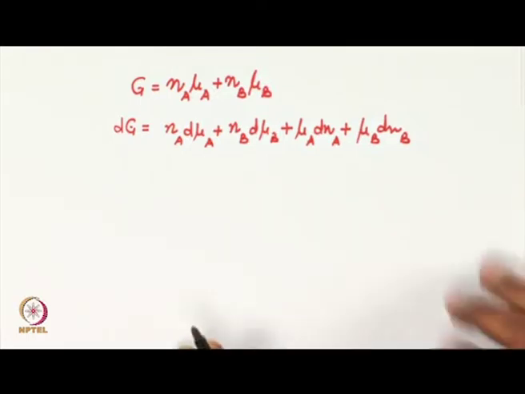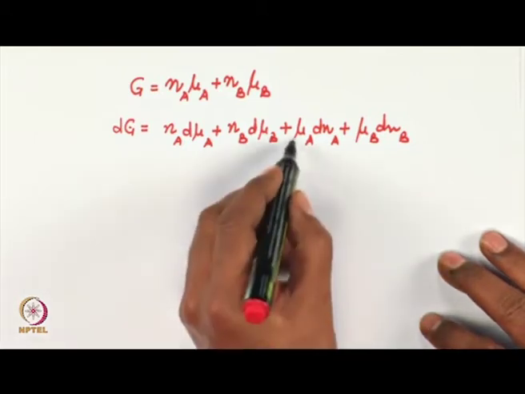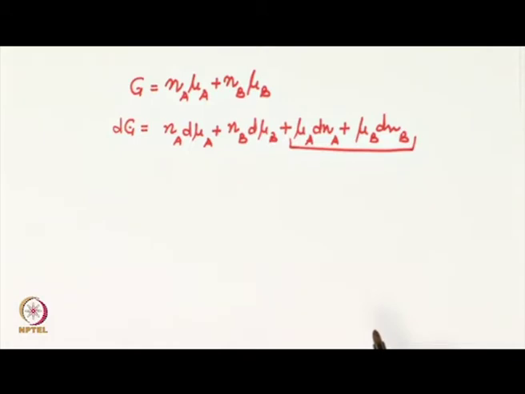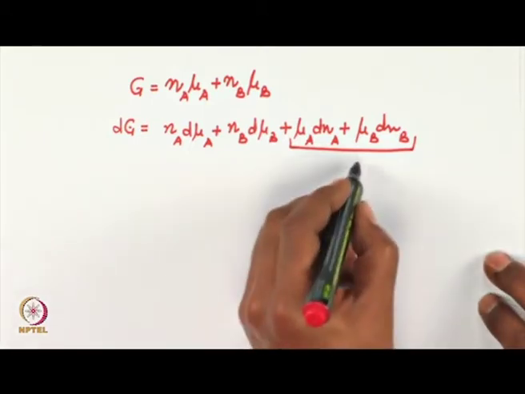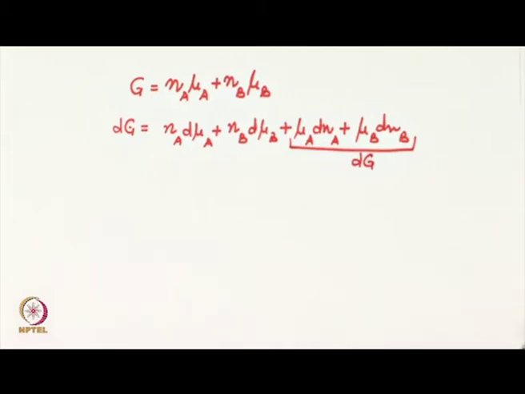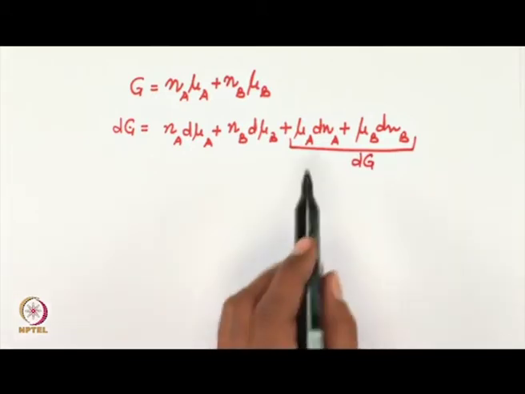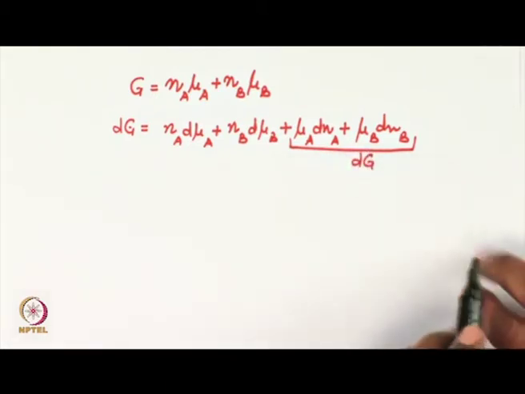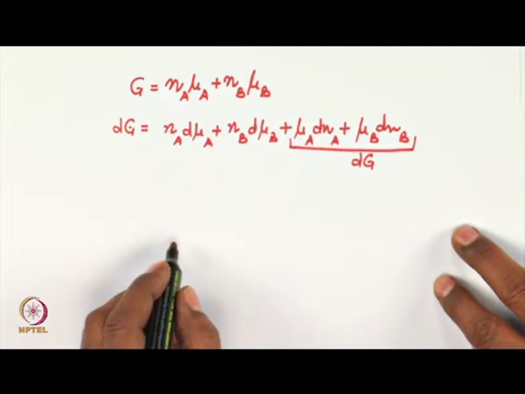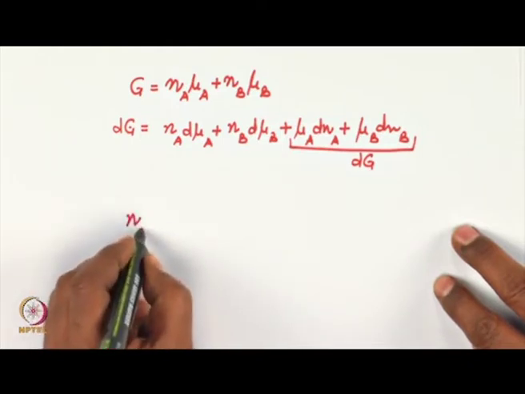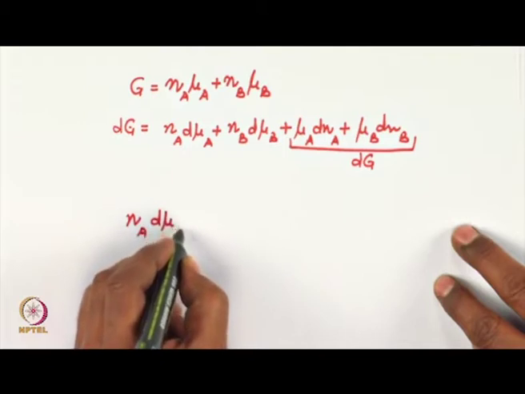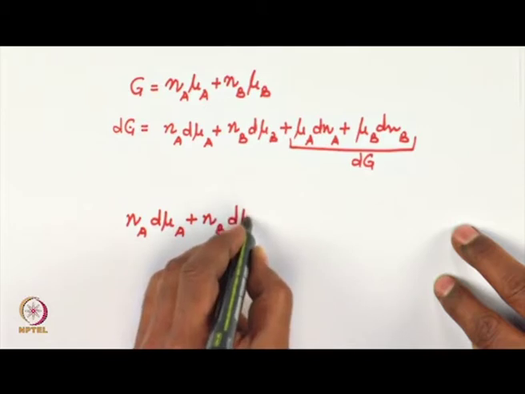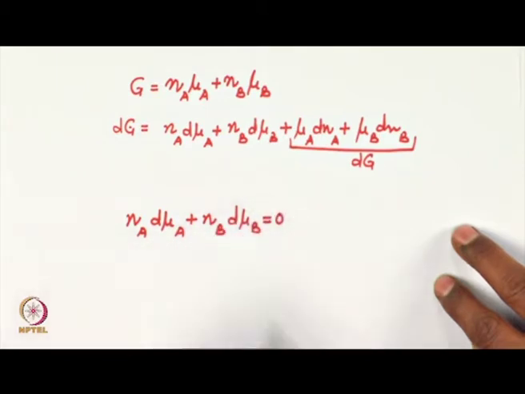And we have just shown that mu A dNa plus mu B dNb at constant temperature and pressure is the same as dG. This discussion suggests that Na times d mu A plus Nb times d mu B is equal to 0.